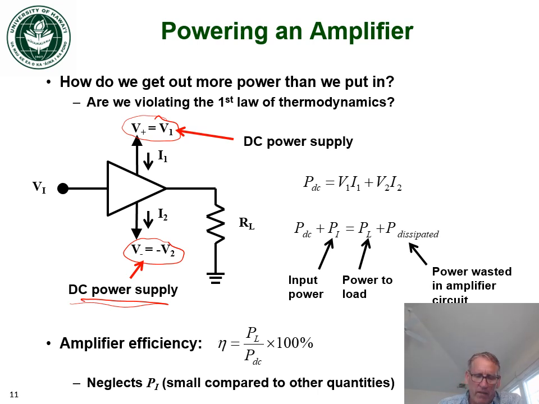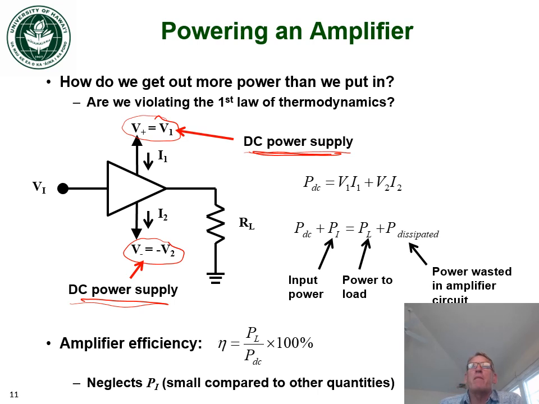And so we have a DC power supply for the positive supply and for the negative supply. Now, this new power, this 100 milliwatts that we talked about in the previous example, is actually coming from the DC power supply. So we're not magically making up any power, it's coming from the DC power supply.